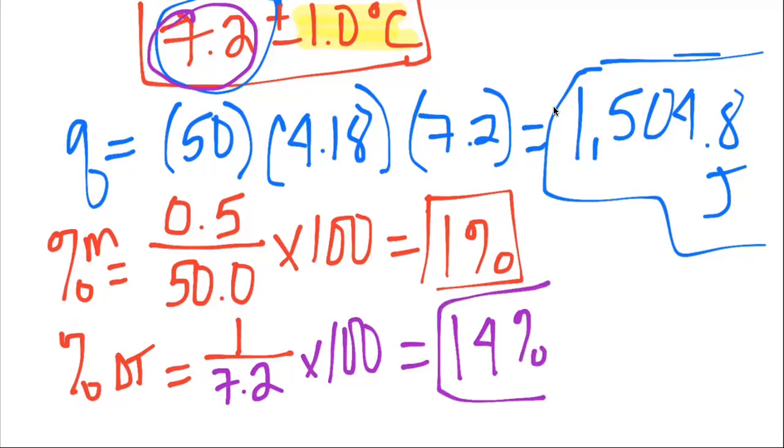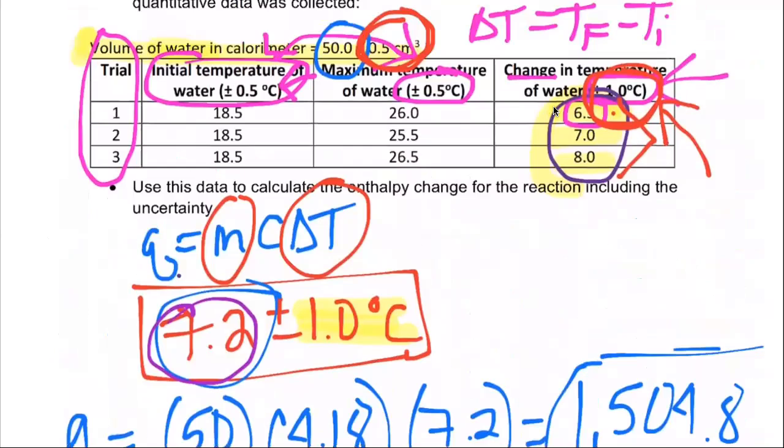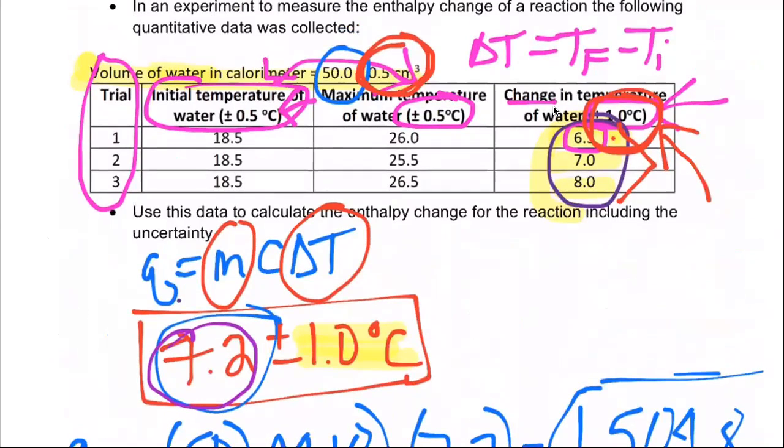Now that they're both percentages, we need to add them together. You always add your uncertainties. When we multiply or divide our numbers, we add the percent uncertainties like we're doing right now. When we add or subtract numbers, we add the absolute uncertainties. So in your data, when I have something like initial temperature and final or maximum temperature, in order to get the change, I just subtracted.